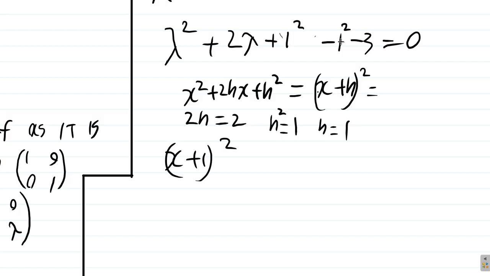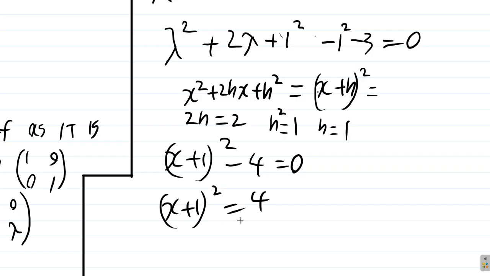So you say minus 1 minus 3 is minus 4 equals 0. So x plus 1 squared is equal to 4. Square root both sides, you have x plus 1 is equal to positive and negative square root of 4, which is positive and negative 2.